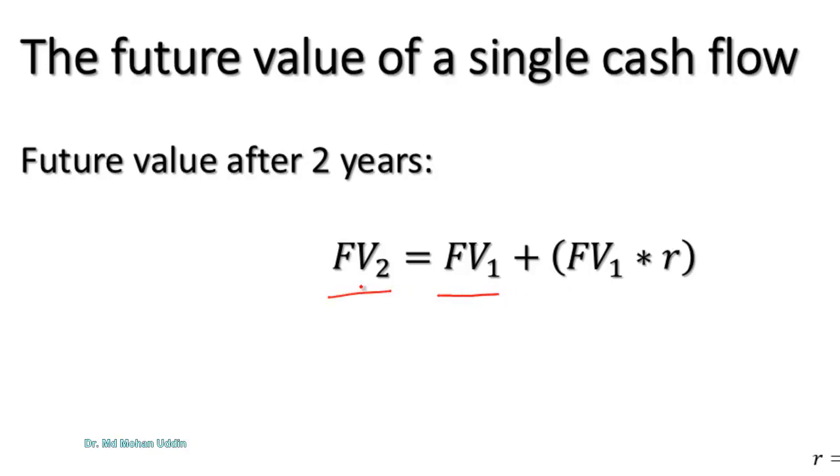So in this case also we are calculating the future value for 1 year duration starting from FV1. Therefore, we have FV1, the amount at the end of year 1, plus the interest earned on that amount during the second year, that means starting from the end of year 1 until the end of year 2. This is why our expression is like this: FV1 plus the interest, FV1 times the rate of interest per year.